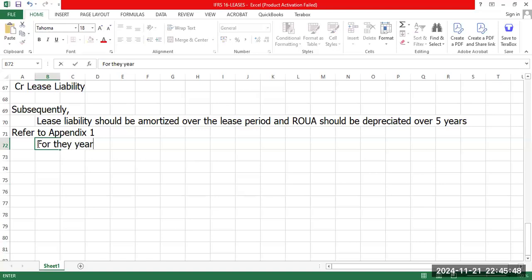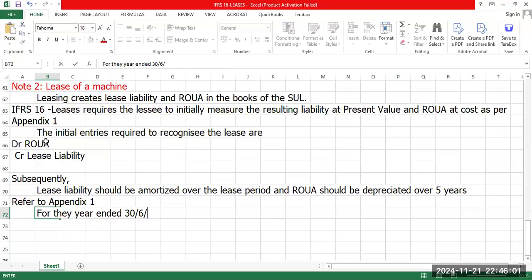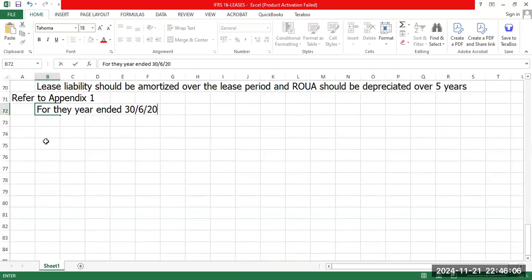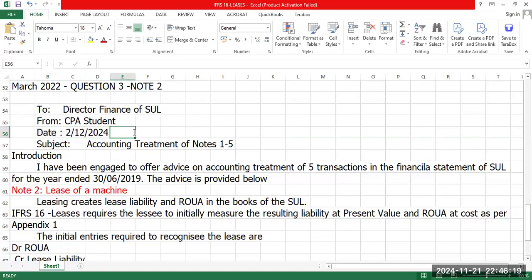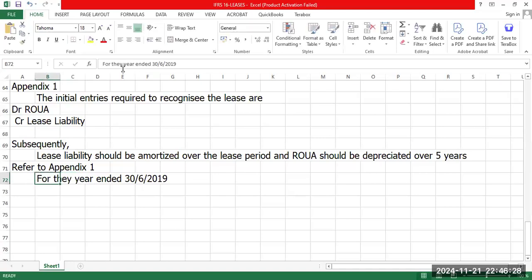Before I even go to the workings, I say that for the year ended 30th June 2019 (and you know this is the exam date), this company, this lessee, should recognize the following in their financial statement.